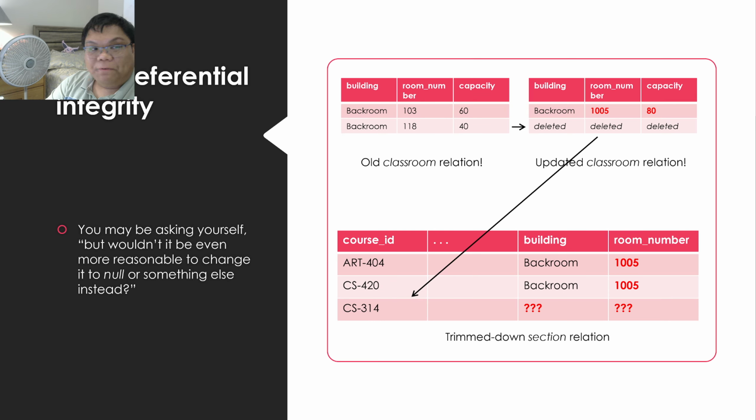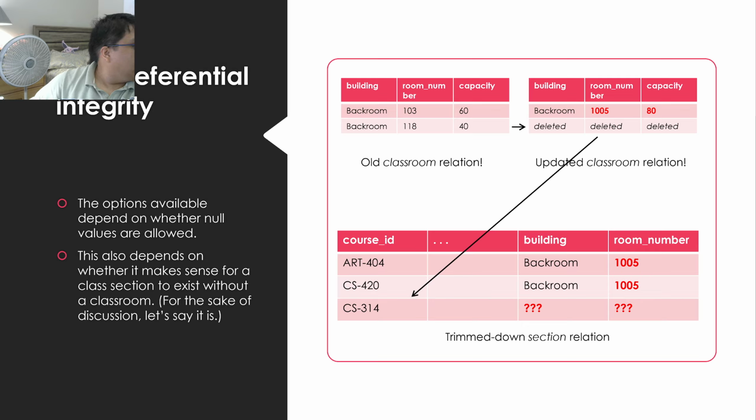So for our university example, it's more reasonable to not delete the course, but rather change it to something else in the meantime, such as TBD, to be determined. For example, we could just change it to null, but only if we are allowed to have null values for room number and capacity.